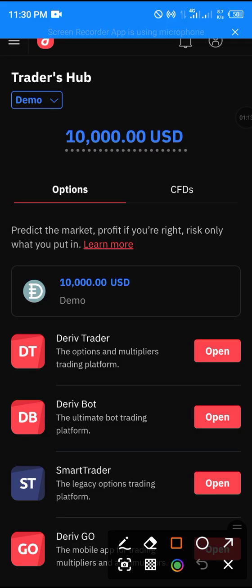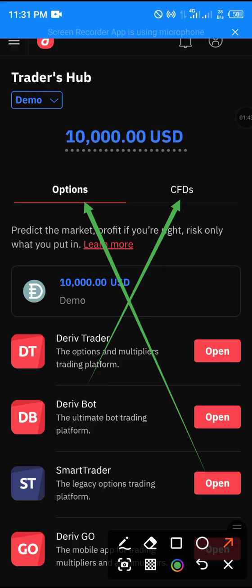And this is the Deriv logo up there, which shows you that we are in Deriv. I told you guys, when you come into Deriv, you have many options which you can trade. Now we are in options here.